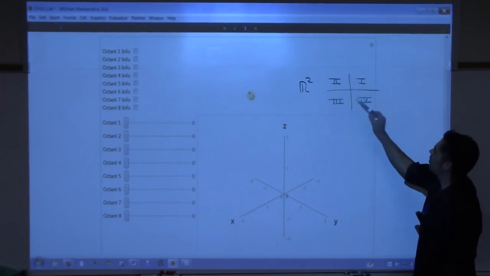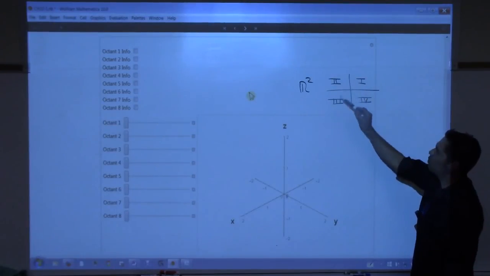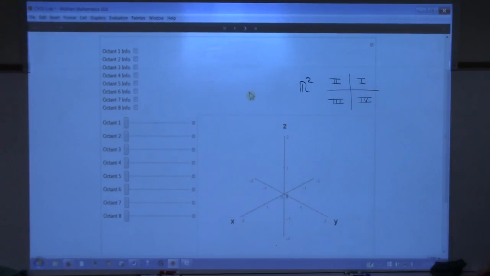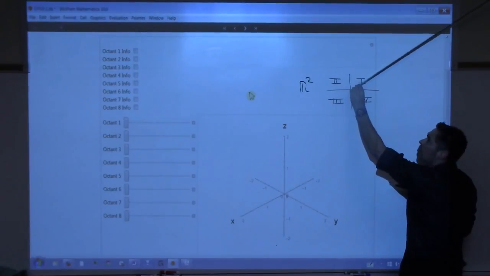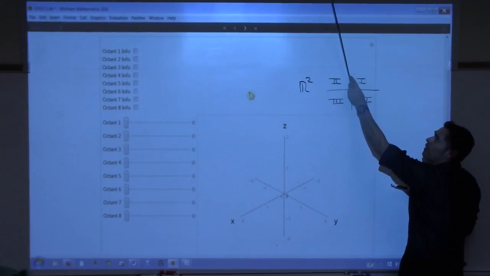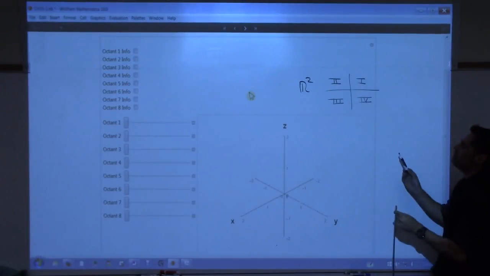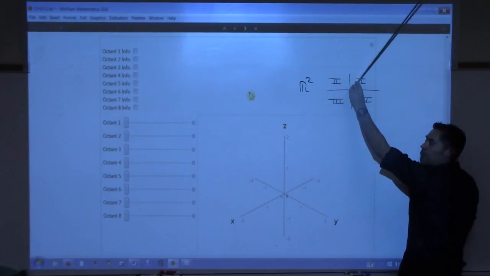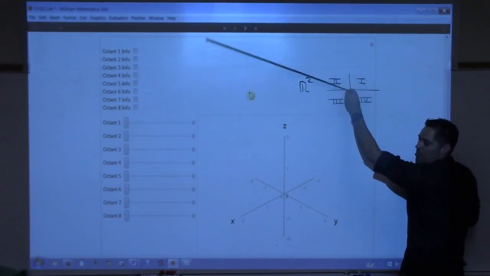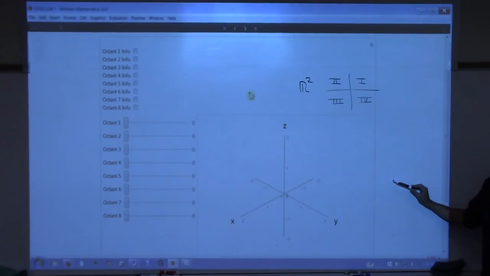Why didn't we just go 1, 2, 3, 4 clockwise? Because we always started our angle at 0, pointing out the positive x-axis, right? Then as the angle gets bigger, we go counterclockwise. So we wanted it so that your first angles, your smallest ones, would be in quadrant 1, and then you'd very smoothly proceed into quadrant 2, and then 3, and then 4. It wouldn't make sense to do it another way, if that's the way you're going to refer to angles. So that's why we did it.